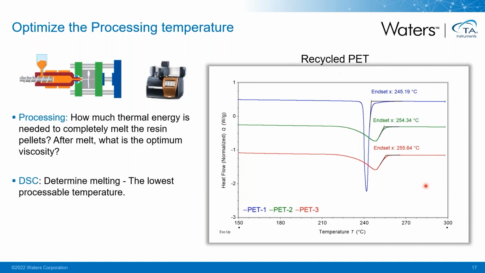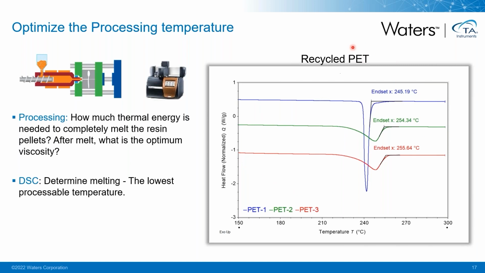Actually, in the real world of extrusion process, the shearing on the polymer chain causes some early melting of the crystal structure. So that being said, this end of melting temperature can be used as a reasonable starting point. Here, we're showing an example of 3 recycled PET resins.